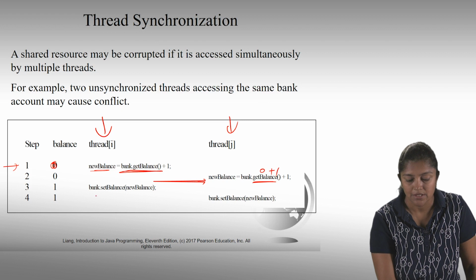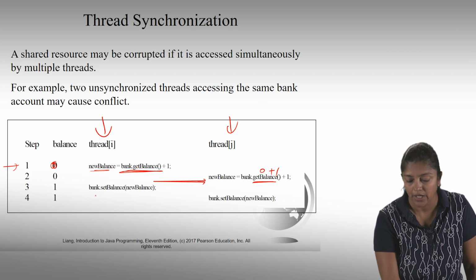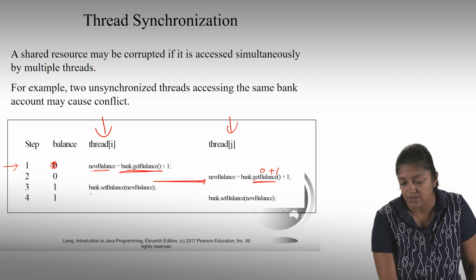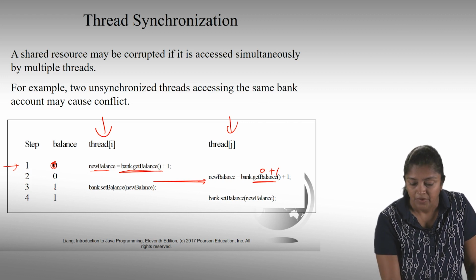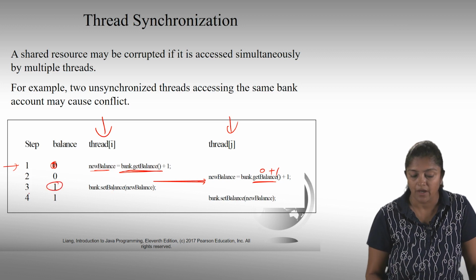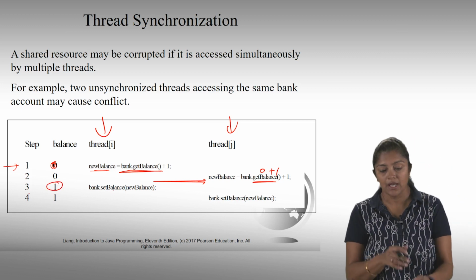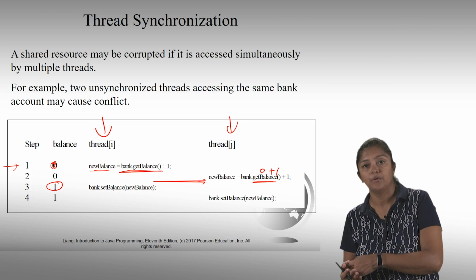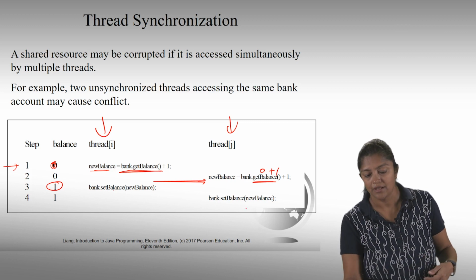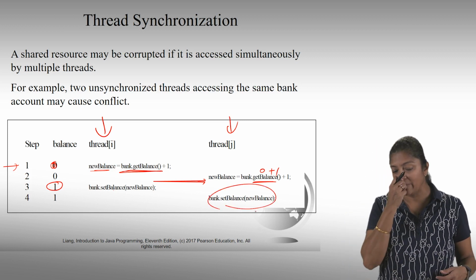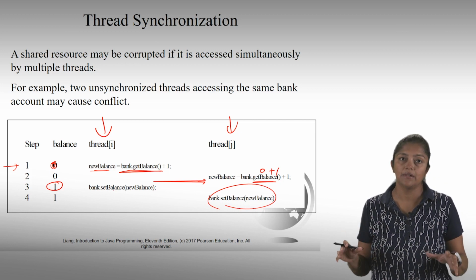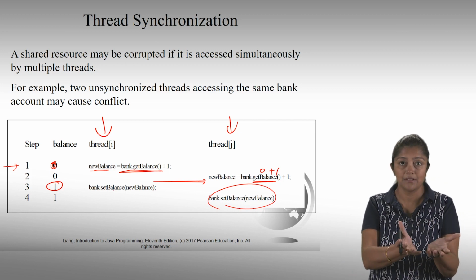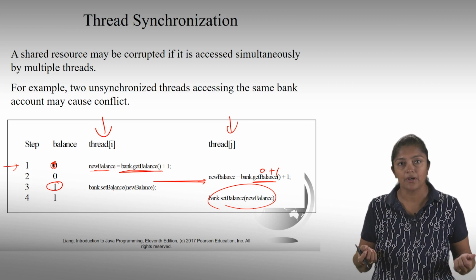And then say the first thread gets the CPU time again, and it sets the balance value based on whatever it computed. So we have our new balance as 1, and then say the CPU gets to the second thread again, and it tries to set the new balance again, then this could result in corrupting the balance information of the account.